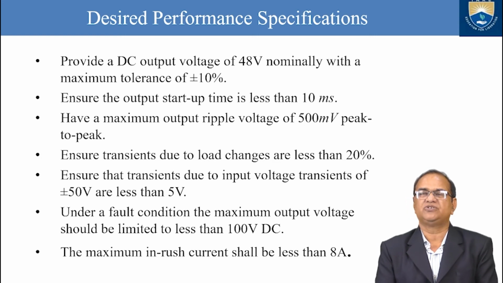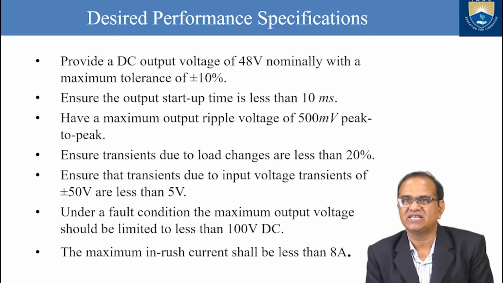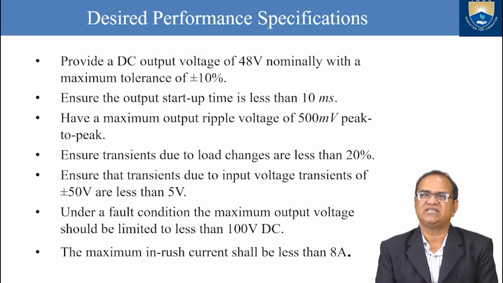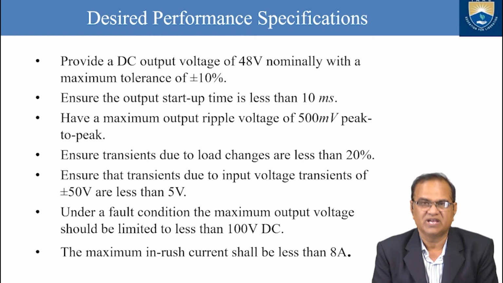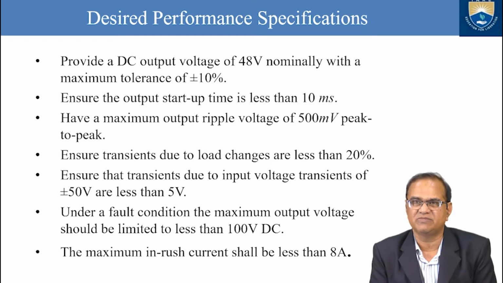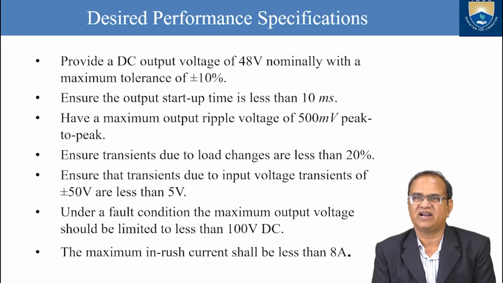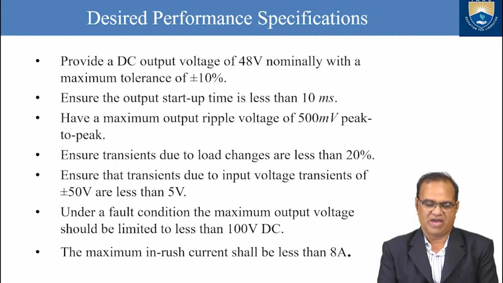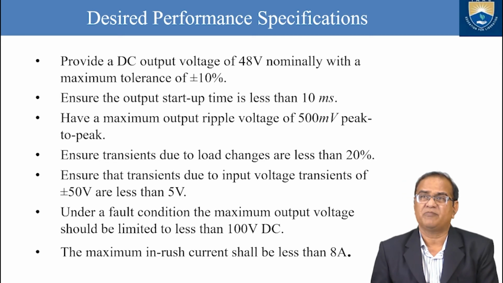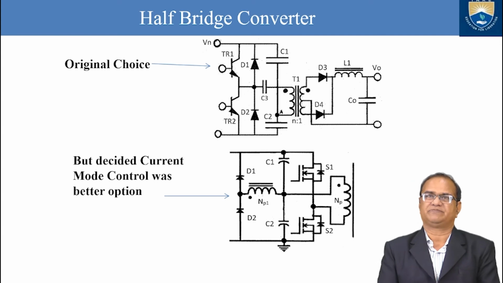Ensure transients due to load changes are less than 20%. Ensure transients due to input voltage transient of plus minus 50 volt are less than 5 volt. Under a fault condition, the maximum output voltage should be limited to less than 100 volt DC. The maximum inrush current shall be less than 8 amps. So these are the desired performance specifications.